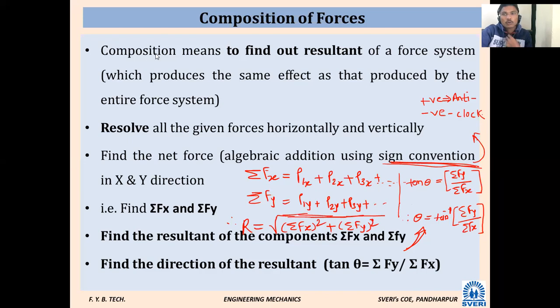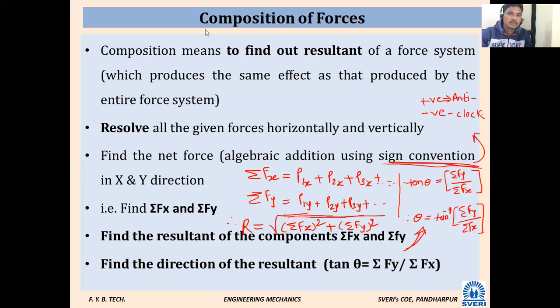Composition of forces. Just this bit is going on, in which we have solved several problems. Meanwhile students will join. I will just review what we have seen till now.